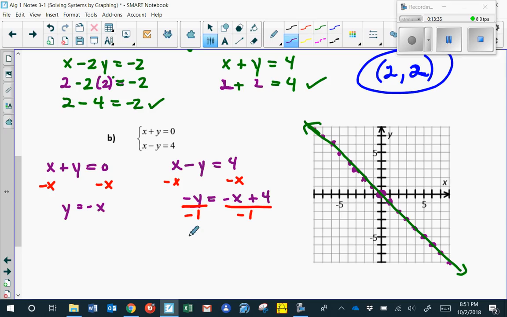And that will give us y is equal to x minus 4. So this equation has a y-intercept of negative 4 and a slope of 1. Again, we want to graph as many points as possible to create an accurate graph.